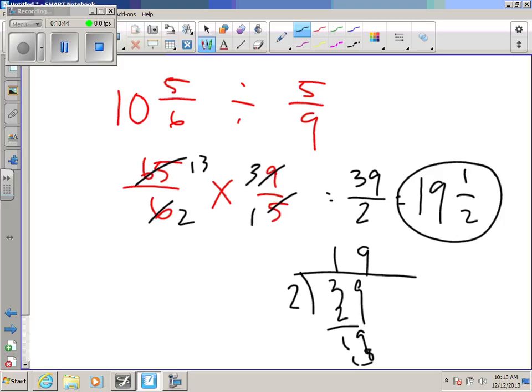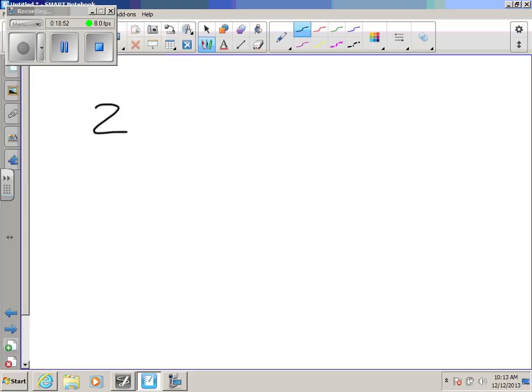Caleb: 2 and 2/7 divided by 4. Got to get in fraction form. 2 times 7, 14. 14 plus 2, 16 over 7. Now, what is 4 as a fraction? 4 over 1.